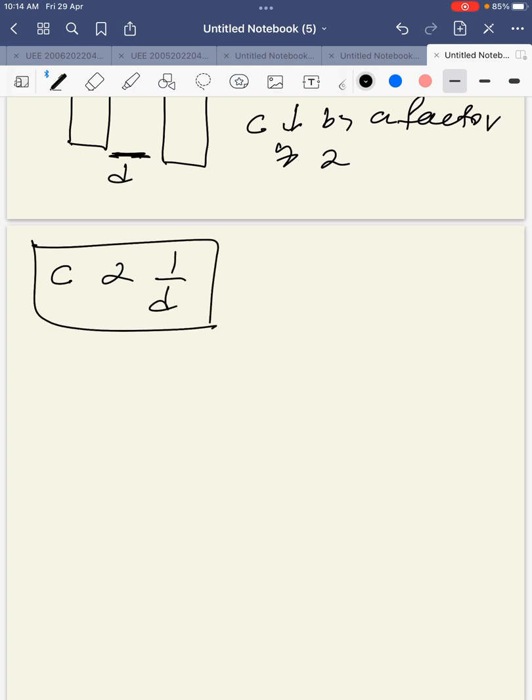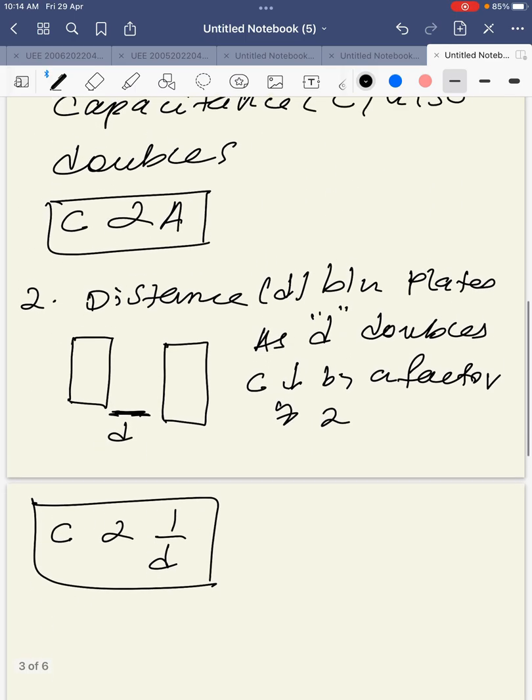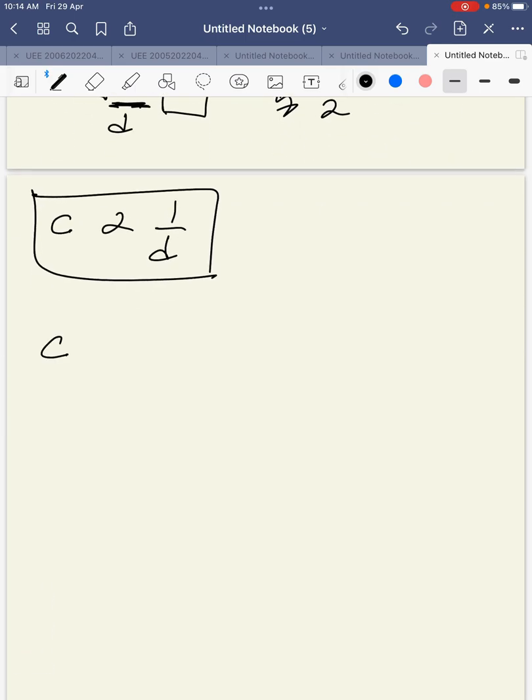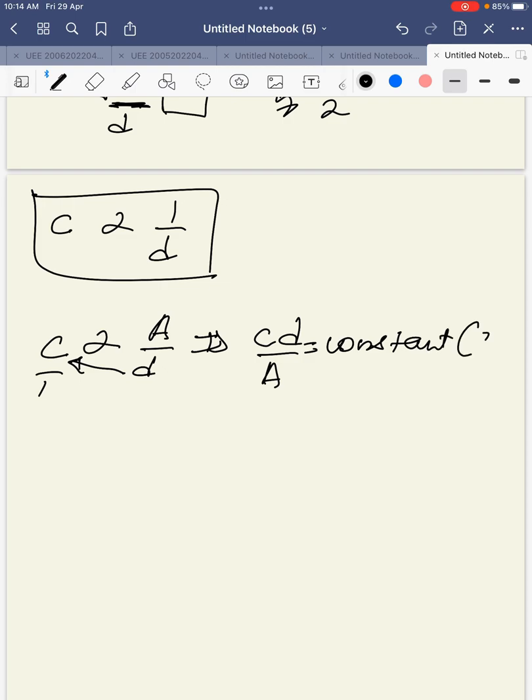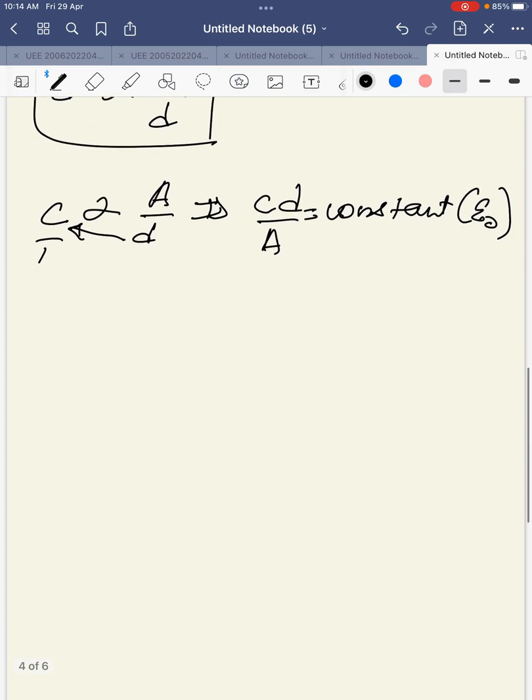When we bring the two relations together, we get capacitance is proportional to area and inversely proportional to D. Let's crisscross. This is over 1, and when you crisscross, CD over A is constant. This constant is epsilon naught, the permittivity of free space, and epsilon naught is a constant. CD over A is equal to epsilon naught.